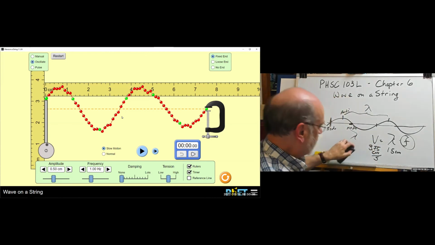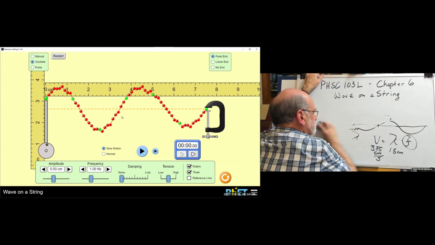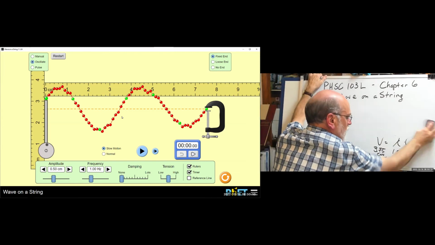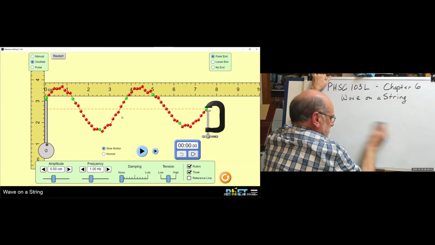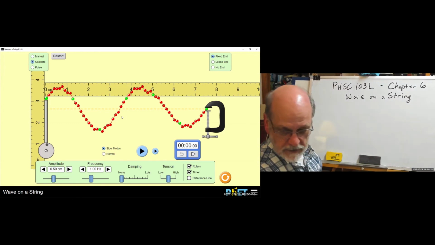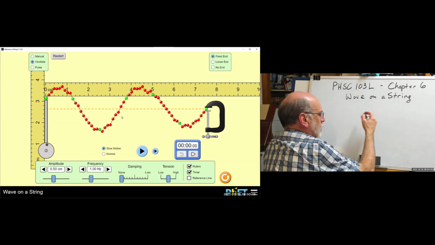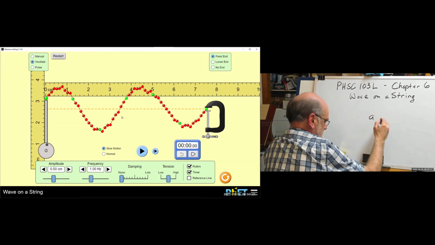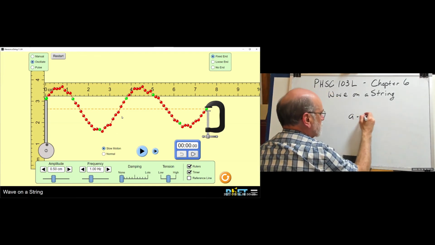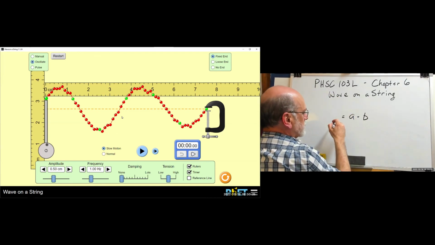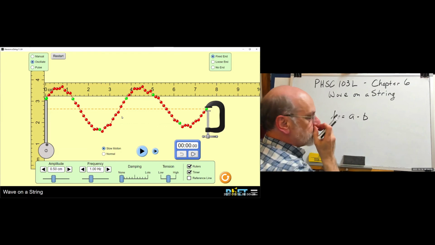All right. If I haven't said this before, whenever you've got an equation, say an equation in 2 unknowns, doesn't matter what they are, say A times B equals a constant.